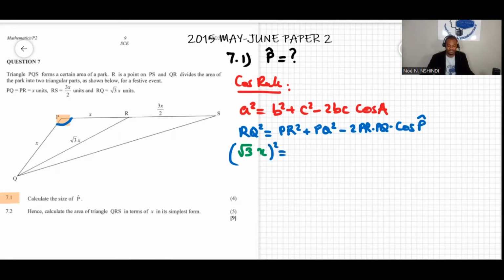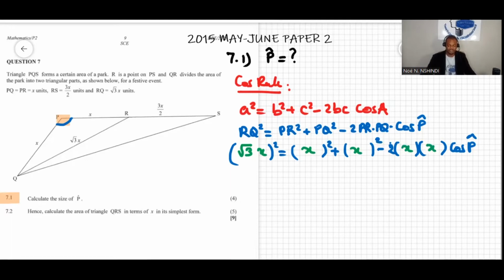We can now substitute the values: equal to PR squared plus PQ squared minus 2 PR PQ cos of P. The value of PR is x and PQ is also x.